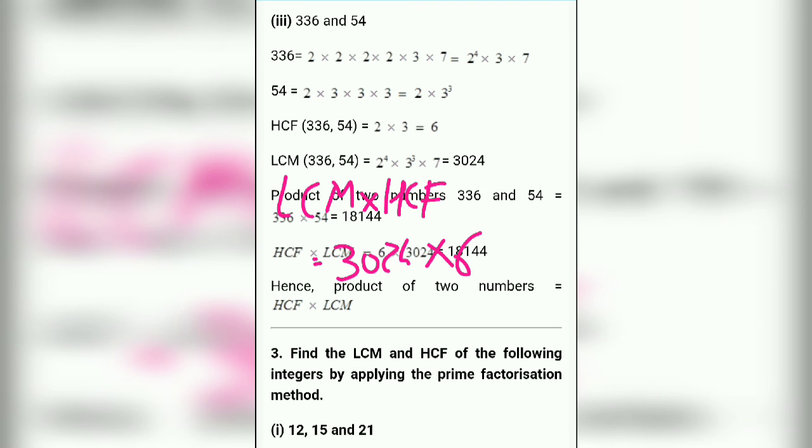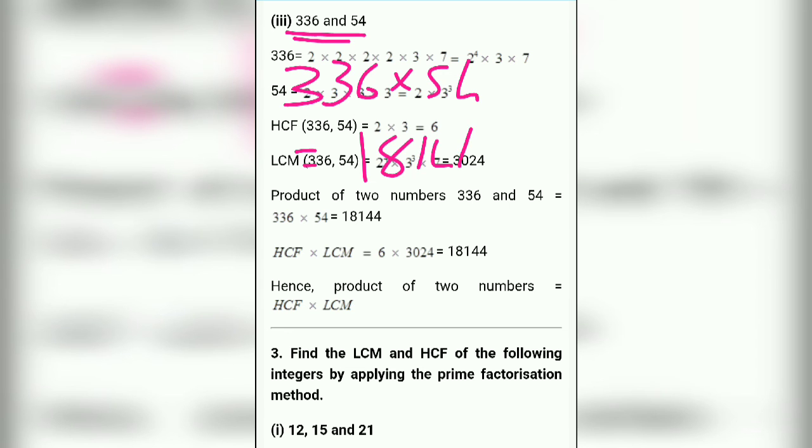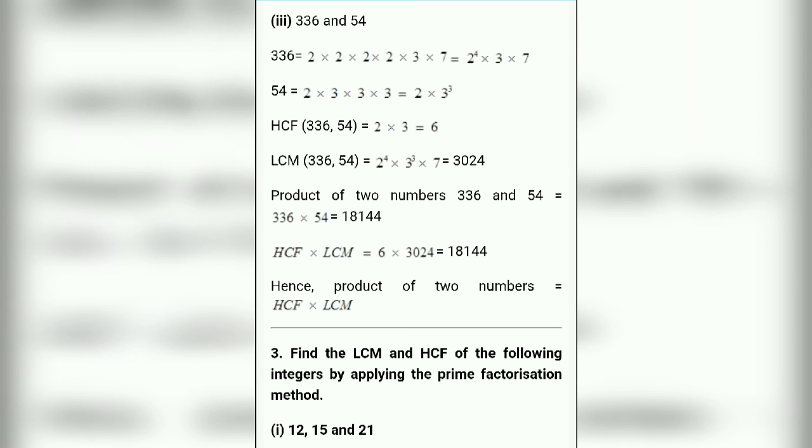If we multiply 3024 by 6, we get the answer 18144. Now we check the product of these two numbers, 336 multiply 54, and we get the same answer 18144. So alternately we can write: SCF multiply LCM is equal to 336 multiply 54.